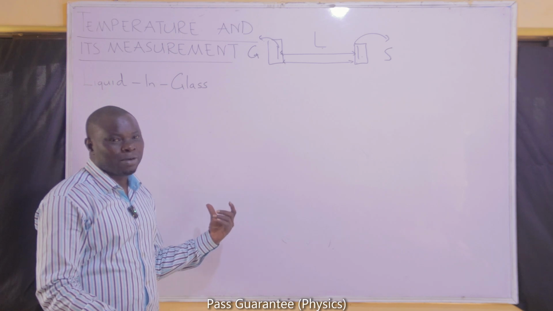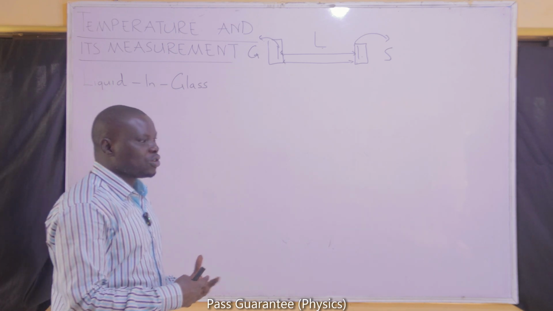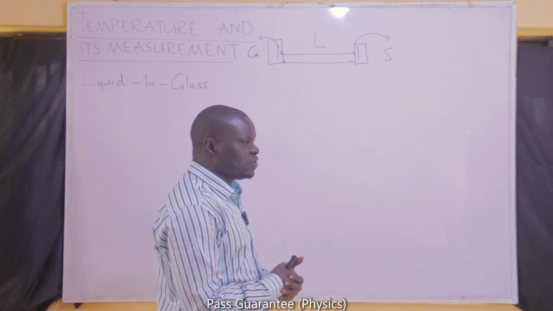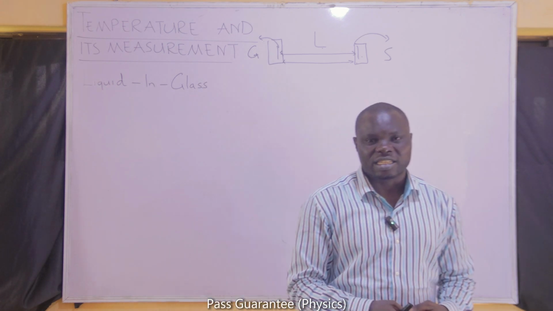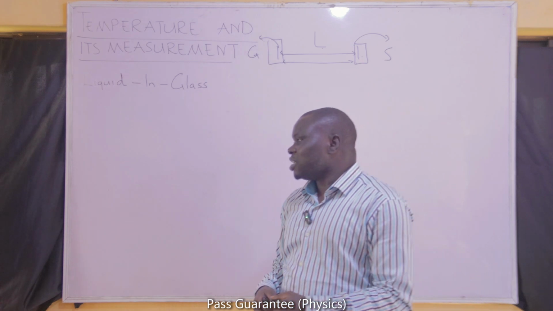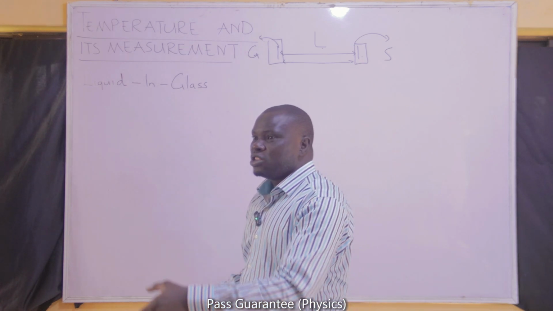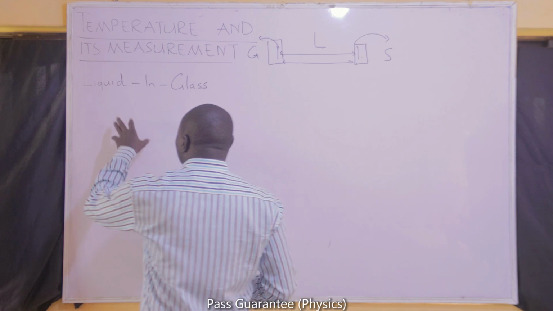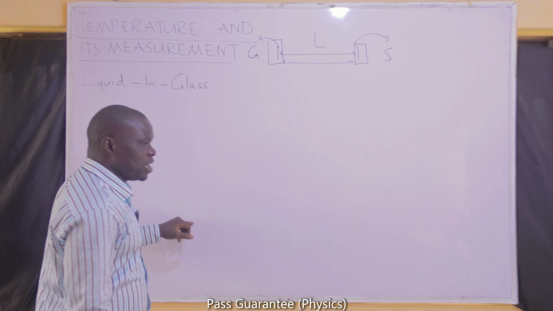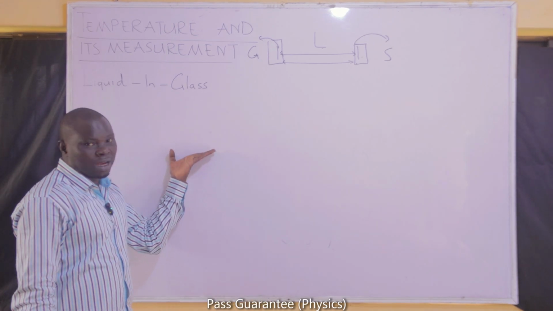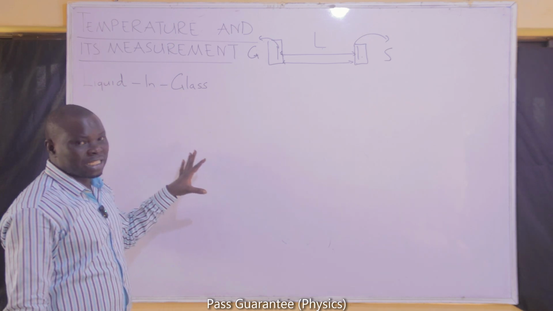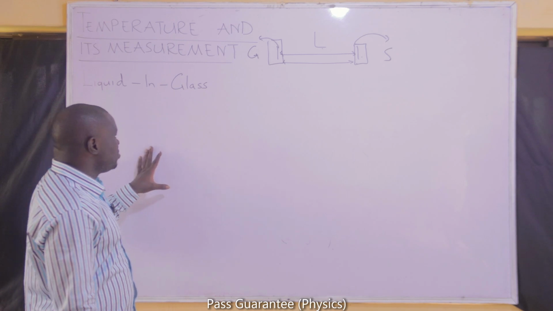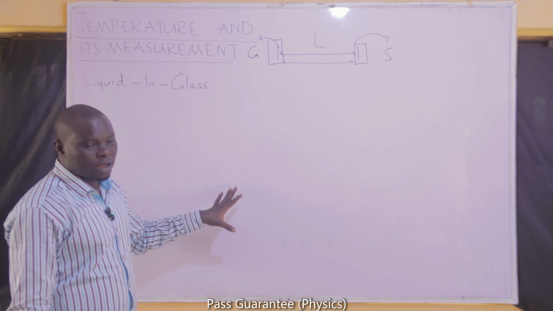Because mercury is a metal, it has a strong conductivity. Having a strong conductivity means it will almost immediately manifest the heat inside it. It means that if I use mercury to make a liquid in glass thermometer, once the heat gets to the mercury, it expands to show me my temperature immediately. So if you need to design a thermometer that is responsive, I must use mercury.